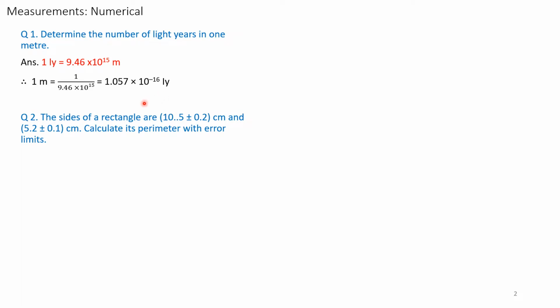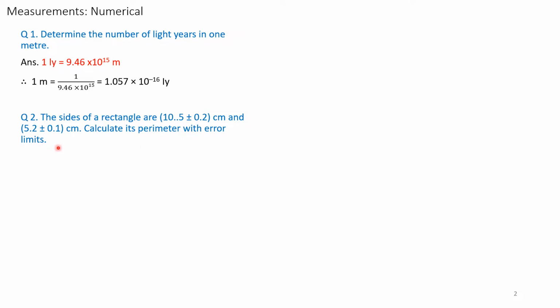Question number 2. The sides of a rectangle are 10.5 plus or minus 0.2 centimeter and 5.2 plus or minus 0.1 centimeter. We calculate its perimeter with error limits.